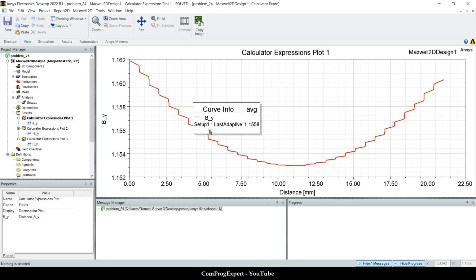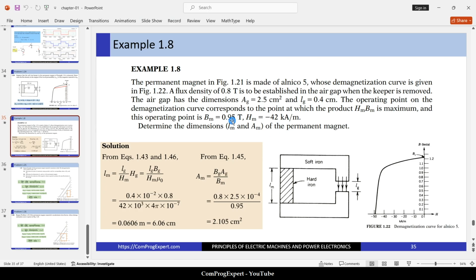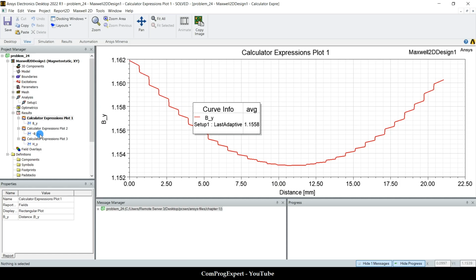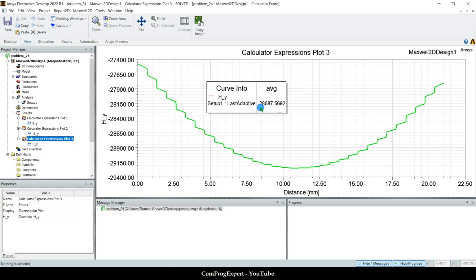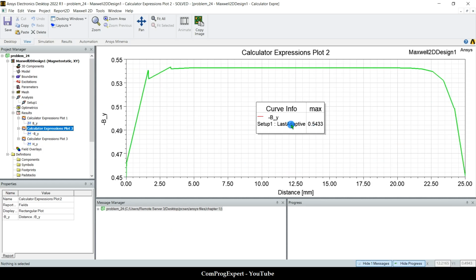So this is the average value of the flux density in the magnet, 1.15. Here we have 0.95. And here the value of the H should be -42. But here is -28.